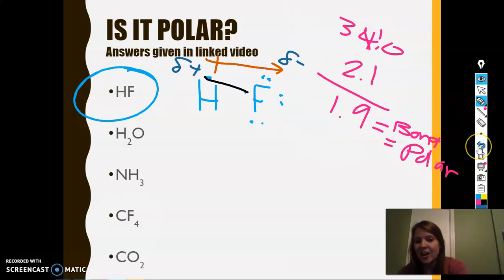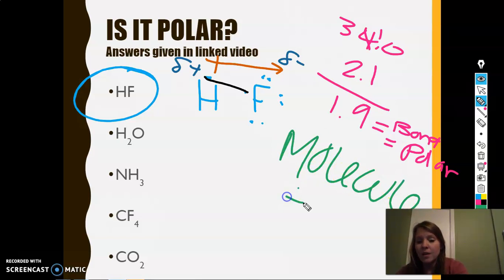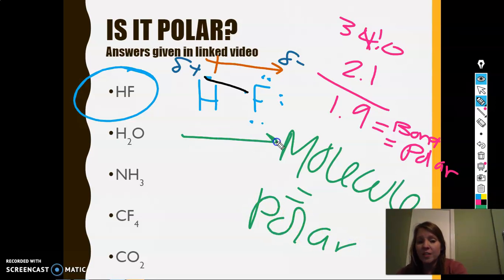There's nothing to counteract that pull. So this would mean that my molecule is polar, and it would be shifted towards my fluorine because of the pull.